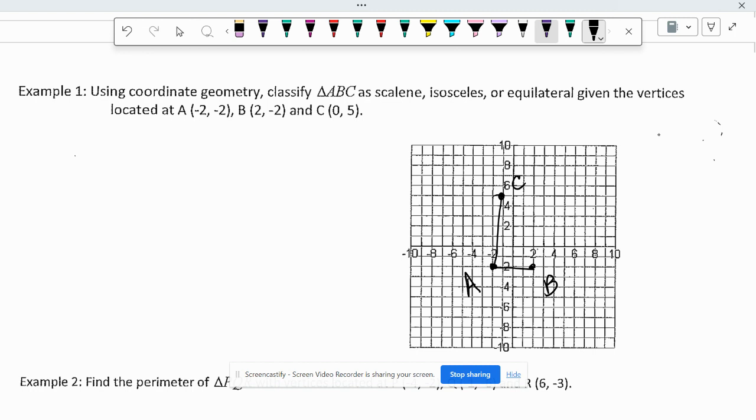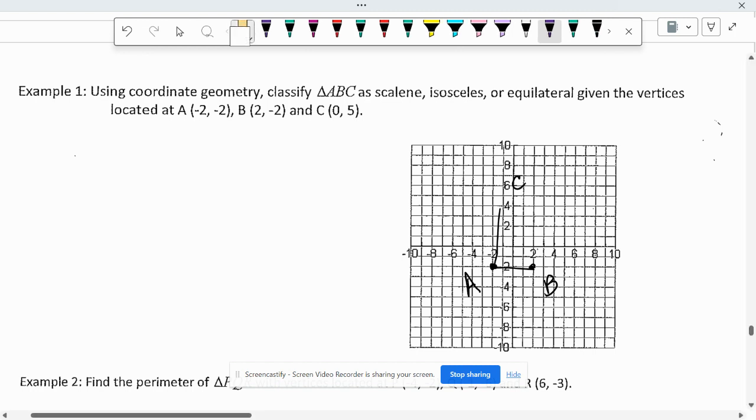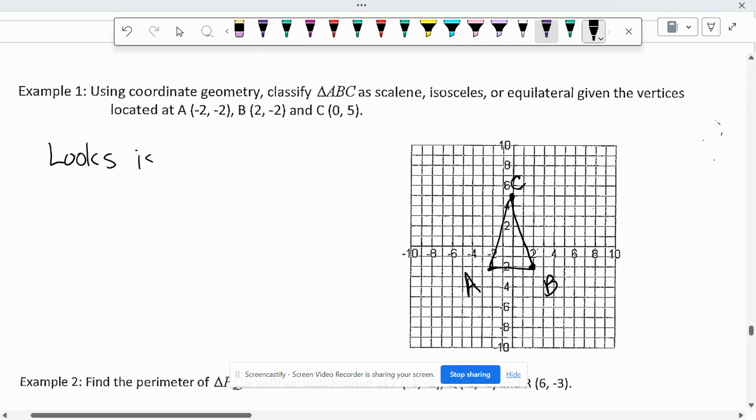That is not on 0, 5. That's on -1, 5. 0, 5 right there, C. So what does this look like? Yeah, it looks like an isosceles triangle. So I'm going to write that. It looks isosceles.